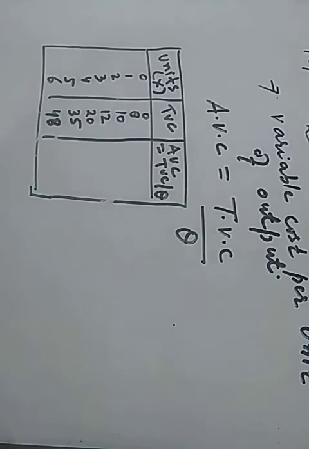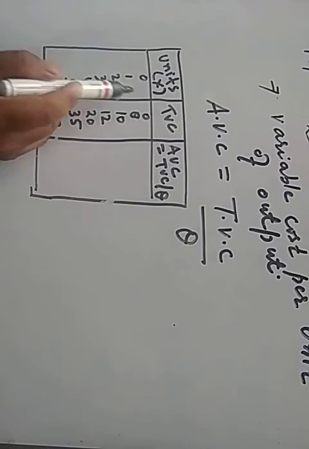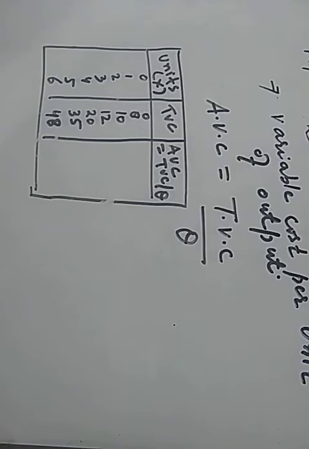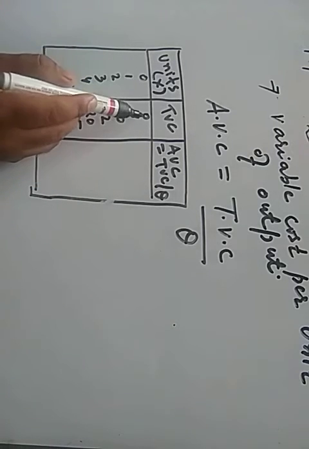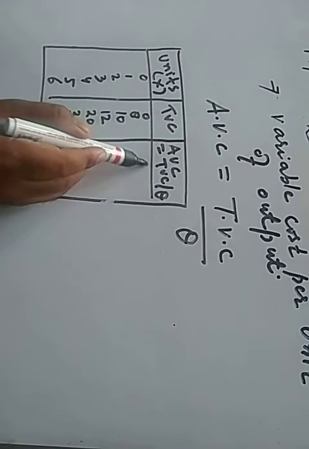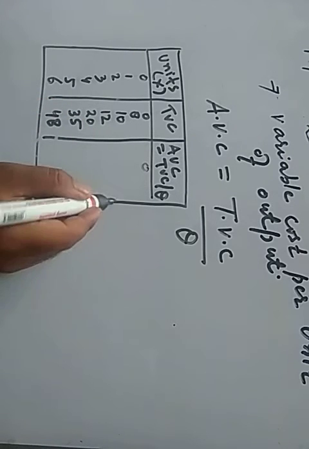When no units of commodity X are produced, there is no use of labor, no use of raw material, therefore there is no variable cost. Thus the total variable cost for 0 units will be equal to 0.